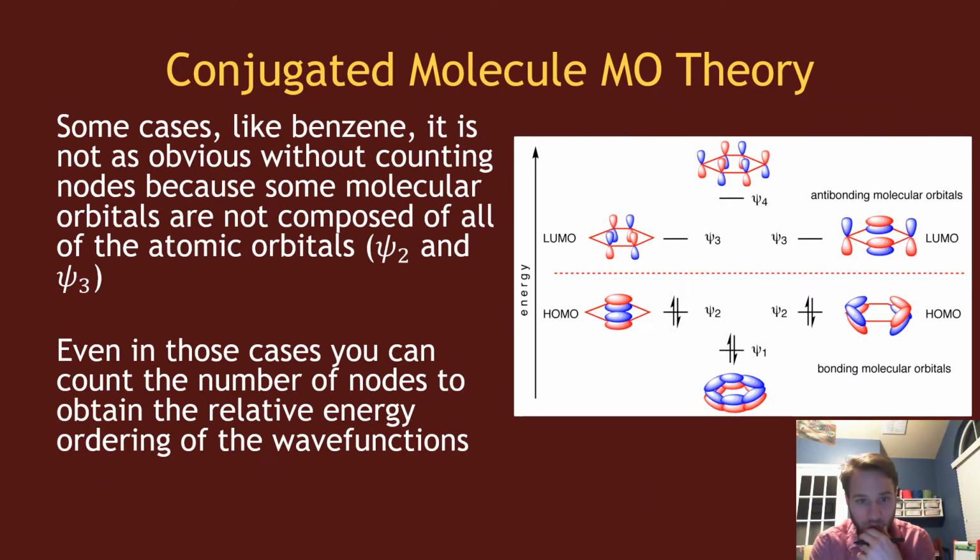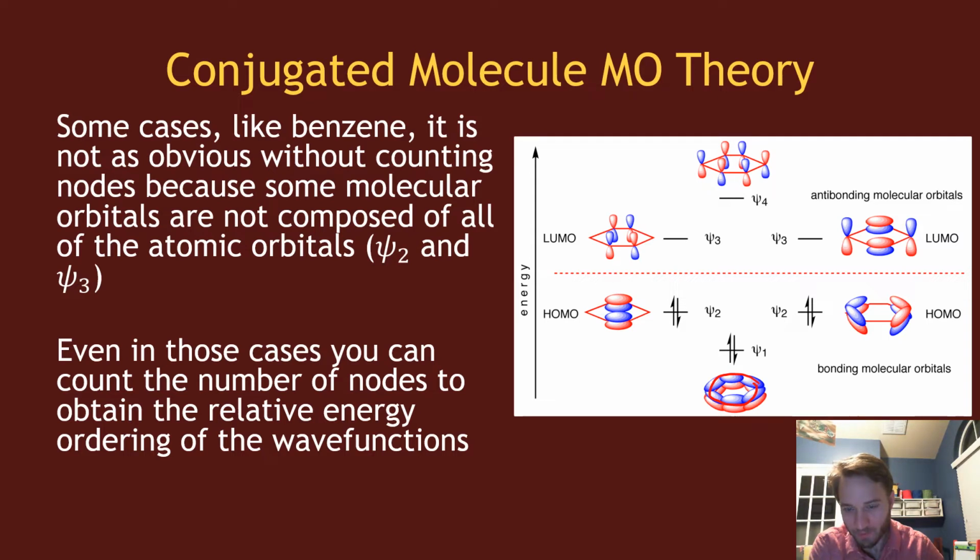Okay, so we can look at benzene. Even in benzene, even if it's not as easy to see as butadiene, you can still count the number of nodes. In this bottom orbital, there are no nodes, things completely bonded all around.